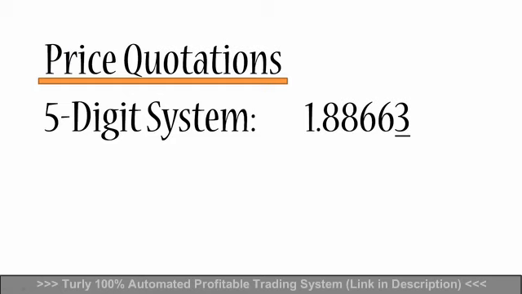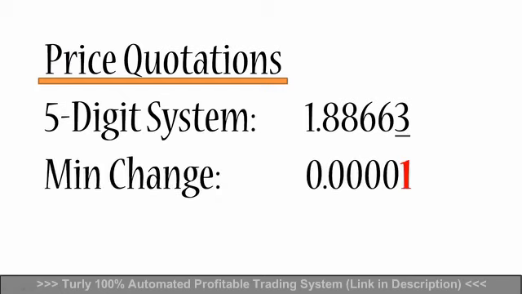So here, that quotation we were talking about for British pound, Australian dollar, 1.8866, is now more precise, and it's 1.88663. So now the minimum change this currency pair can experience is actually 0.00001. So 10 to the power of -5.